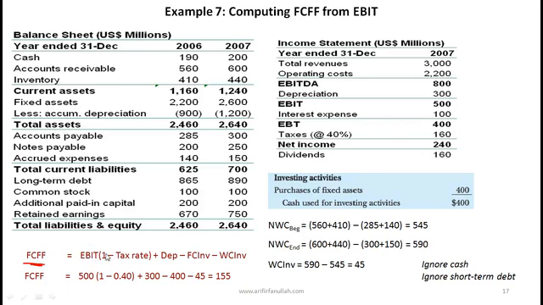I am expecting and hoping that you will learn this formula either right now or very fast. So free cash flow to firm, as we just discussed, is EBIT into 1 minus tax rate plus depreciation minus fixed capital investment minus working capital investment.